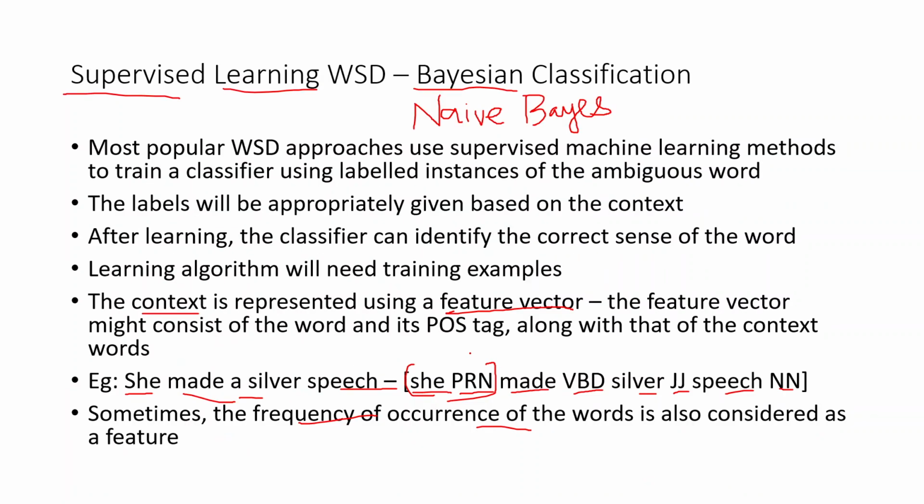Now, the input, as we already said, in the case of a Bayes classifier, we have a corpus of say 1 lakh or 10 lakh sentences. Each of these sentences is properly tagged based on the correct sense.